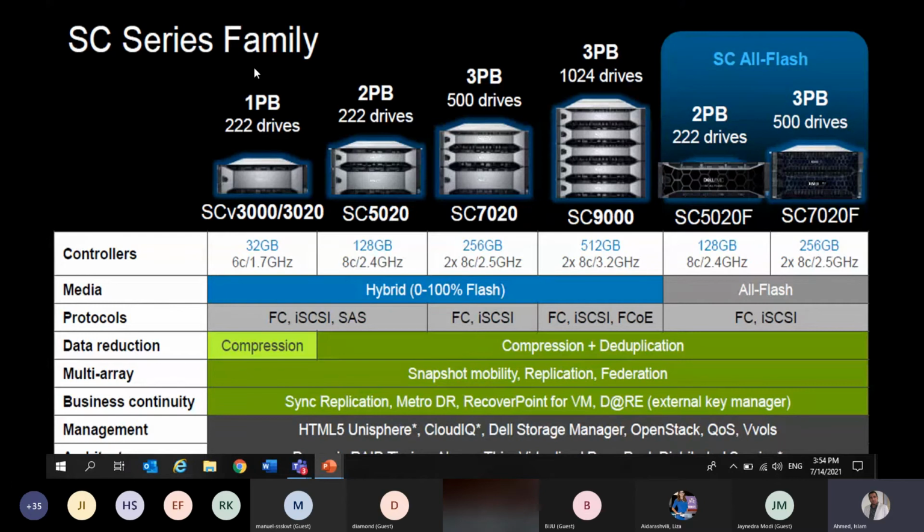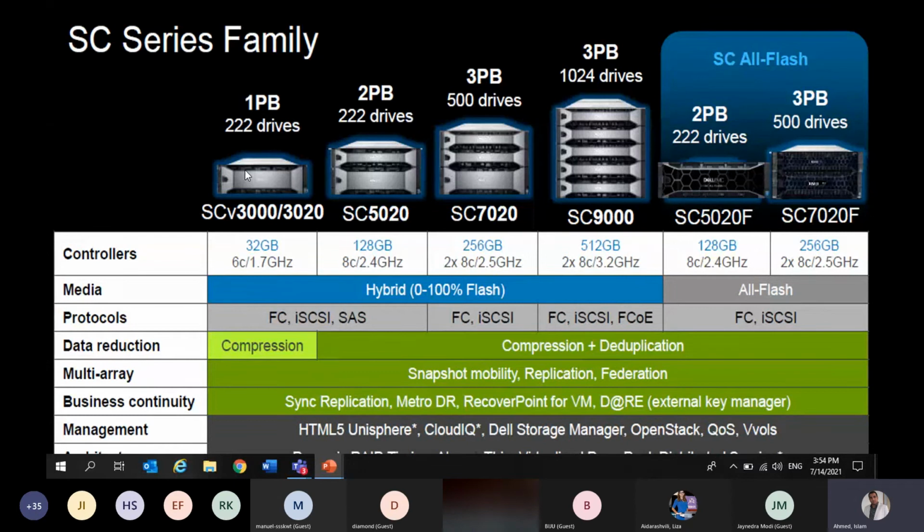Mostly we use the SCV 3000 for our surveillance application, because we don't need all the features and capabilities of the other SC series. So the SCV 3000 is the most suitable for surveillance application.